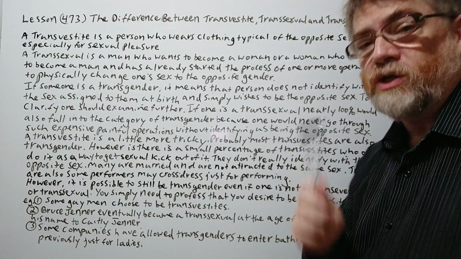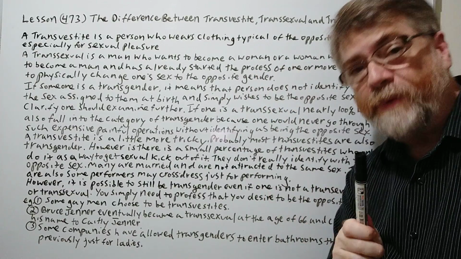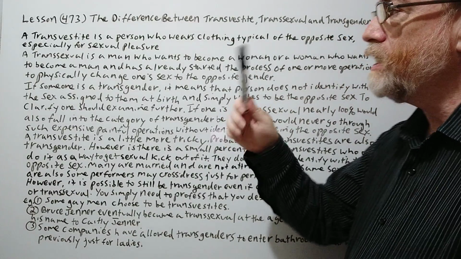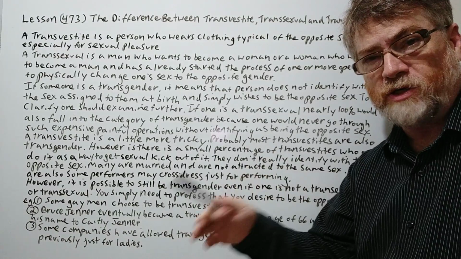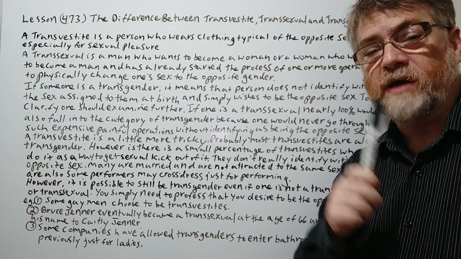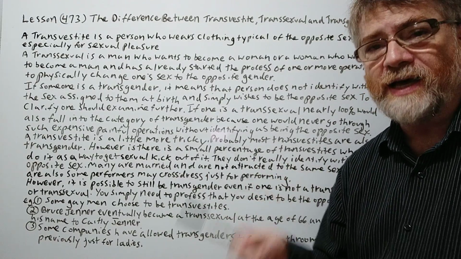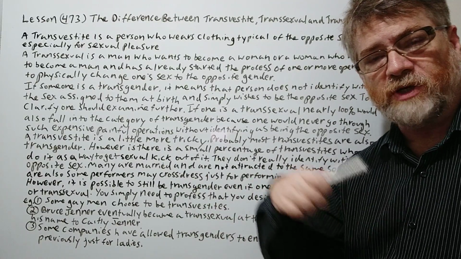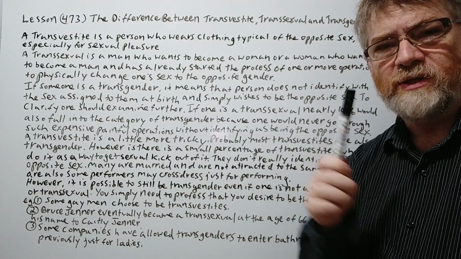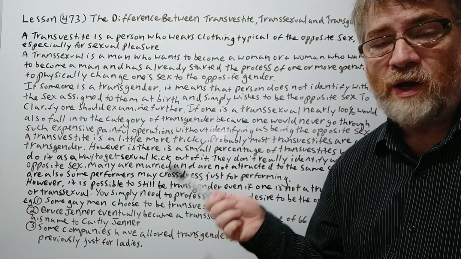All right, let's start. A transvestite is a person who wears clothing typical of the opposite sex, especially for sexual pleasure. So that's his reason for doing it. In most cases, it's probably going to be men dressing like women. Could it be a woman? Yeah, but women usually have to go to a much further extent in order to look like a transvestite, because a lot of women can wear men's clothes.